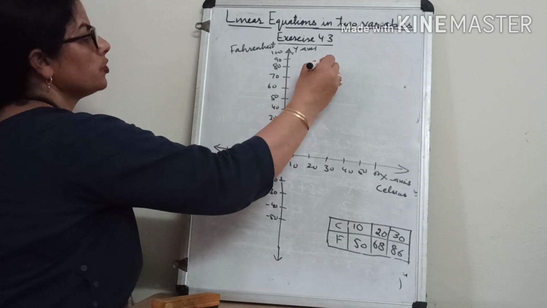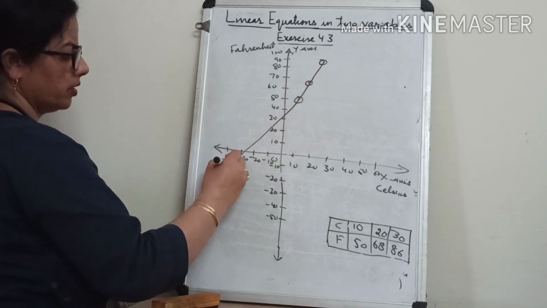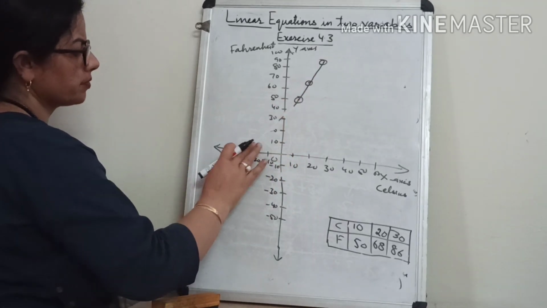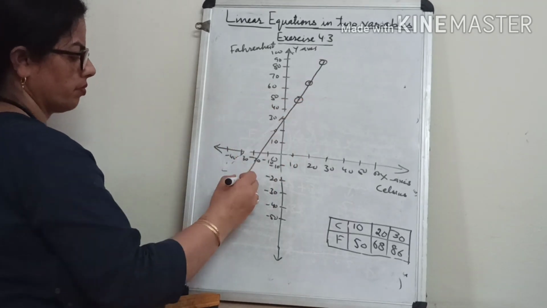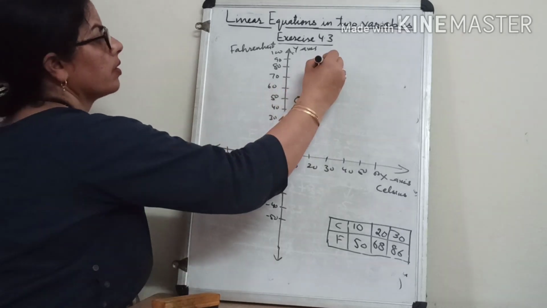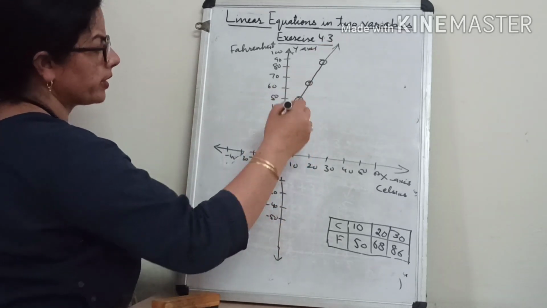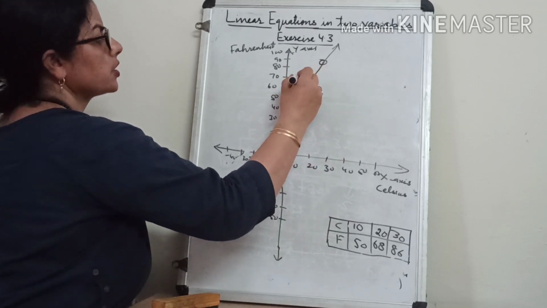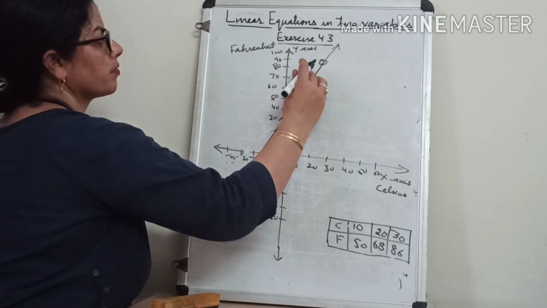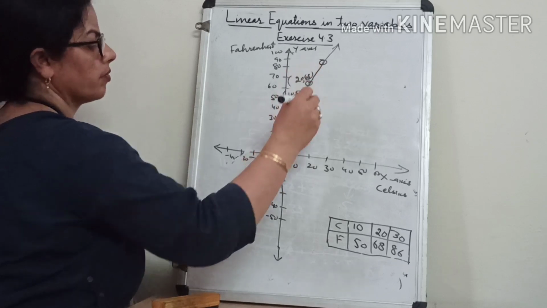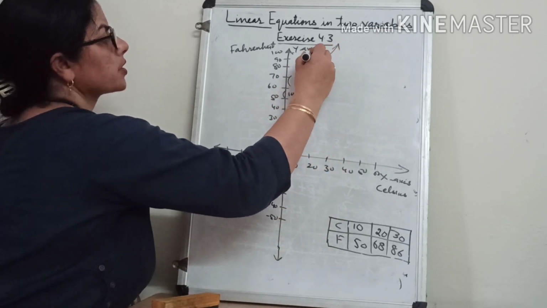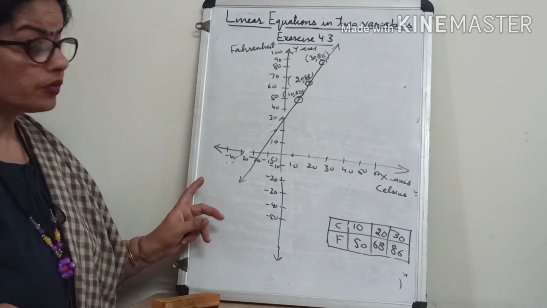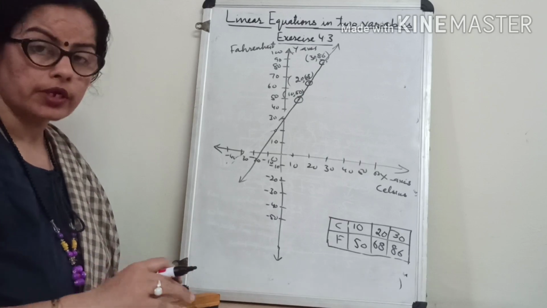And after this we will join these points and extend the line in both directions. Here we will write (10, 50), (20, 68), (30, 86). Is it clear? So you will practice this. Okay. Thank you.